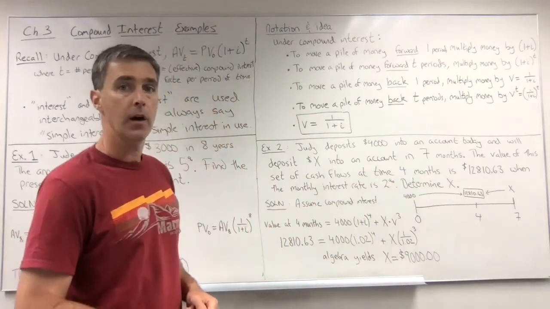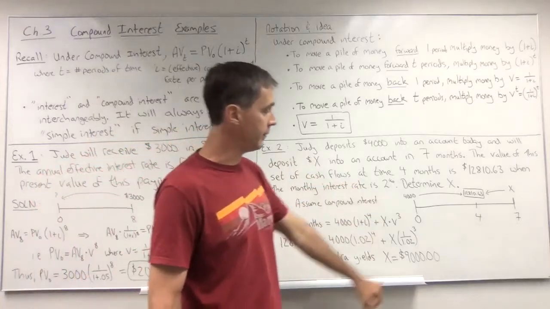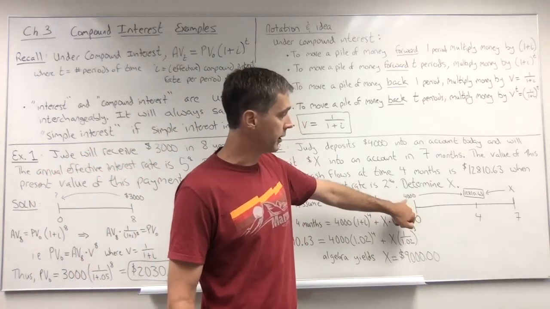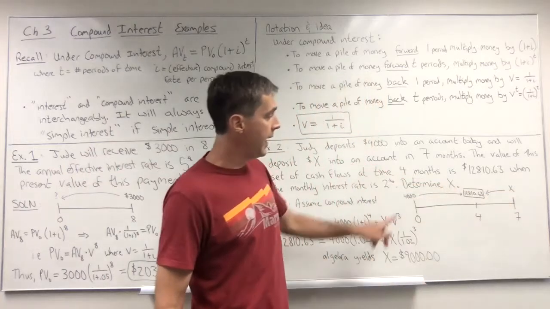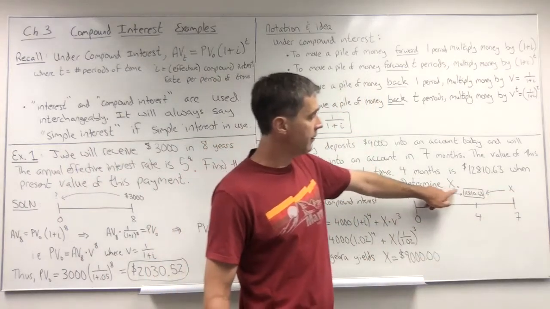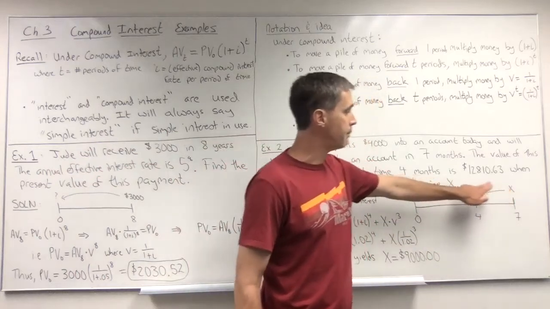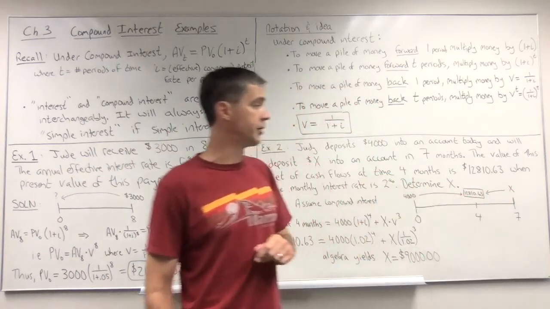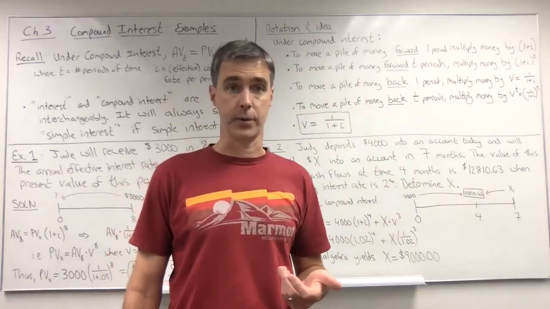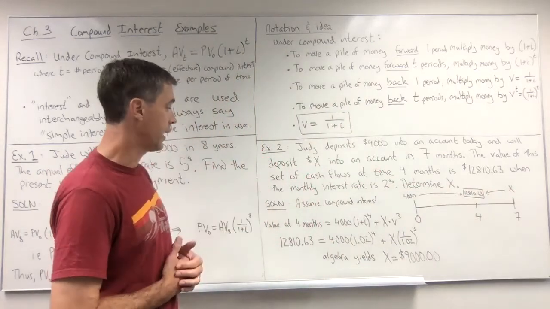Well, let's look at a solution. Always nice to have a time value diagram of money. So at time 0, we plunk in 4,000. At time 7, we plunk in X. And if I move the 4,000 forward 4 periods of time, and if I move the X back 3 periods of time, they total out to $12,810.63, again assuming compound interest.